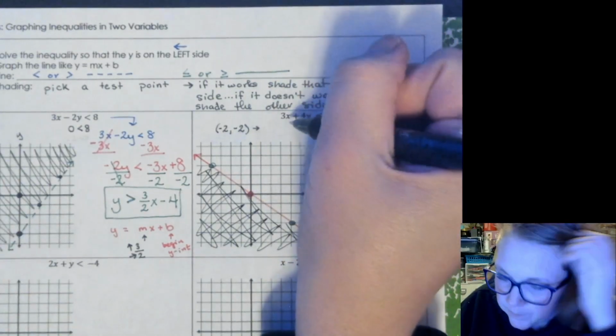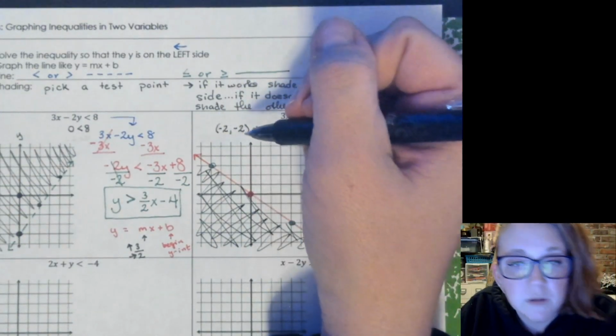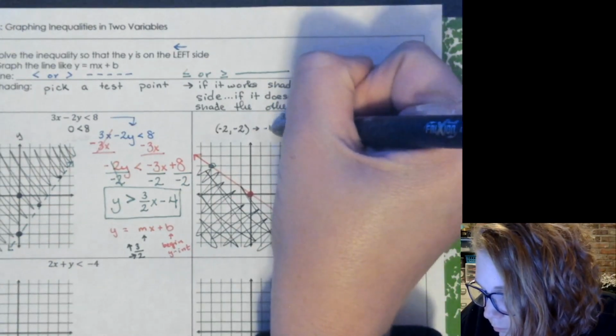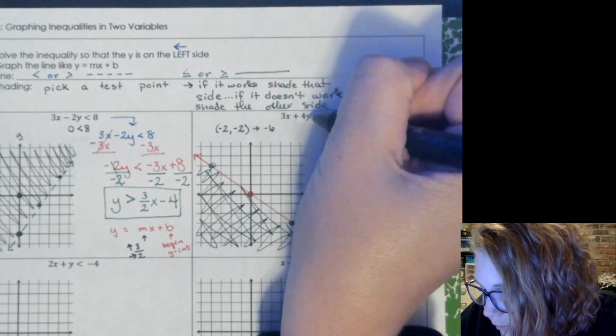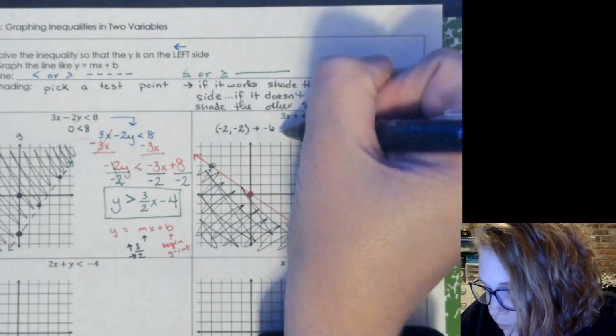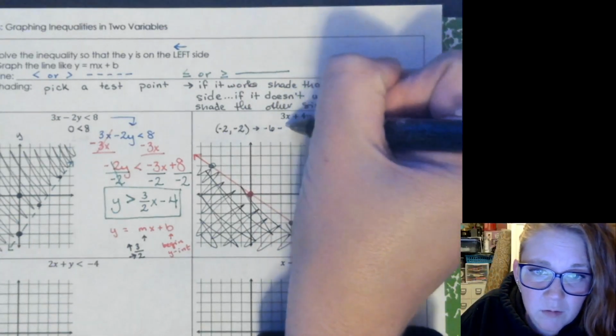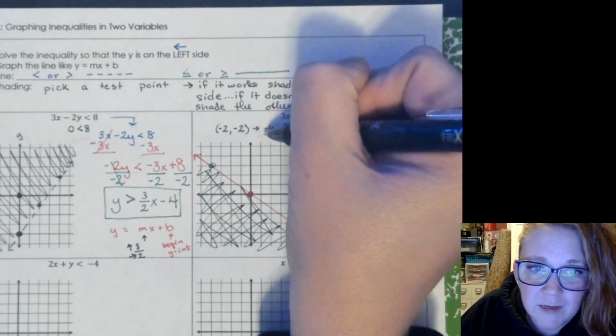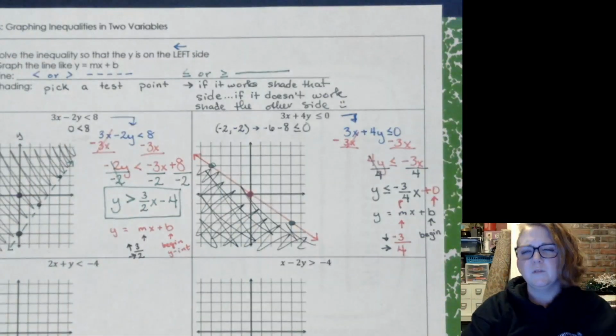What's 3 times -2? Hopefully you said -6. And then 4 times -2. Hopefully you said -8. Less than or equal to 0. All right. -6 minus 8. What's that?